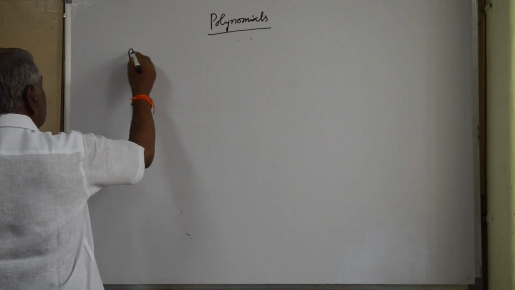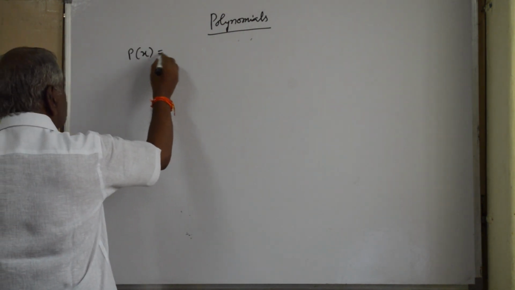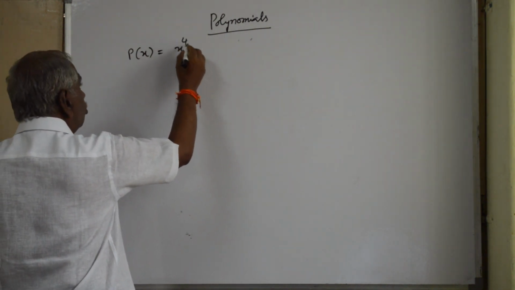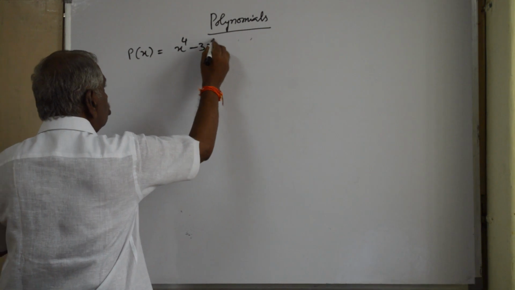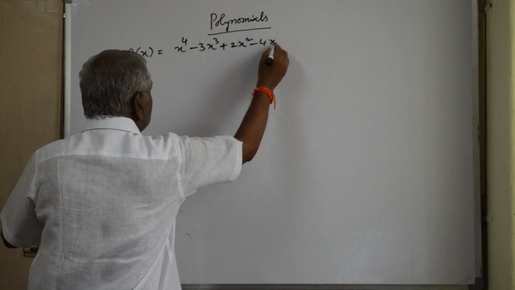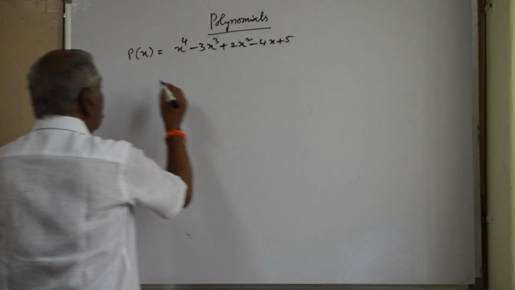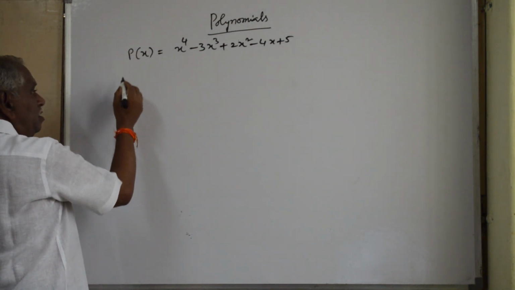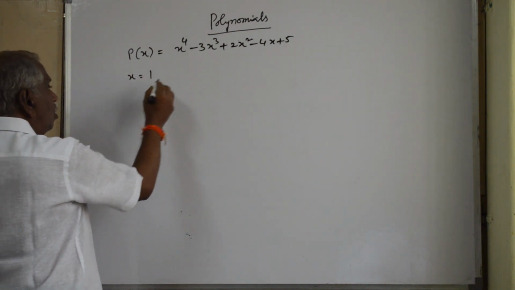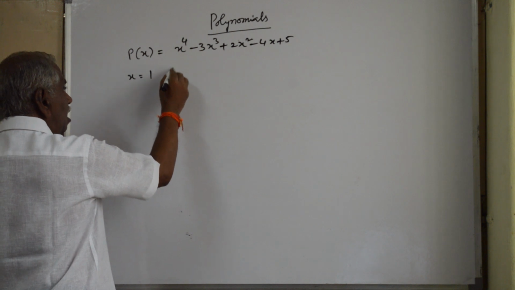Now we go to another one. Let us call the polynomial P(x). We say this is x power 4 minus 3x cube plus 2x square minus 4x plus 5. I want the value of P(x) at x equal to 1. What is the value of P(x) at x equal to 1?